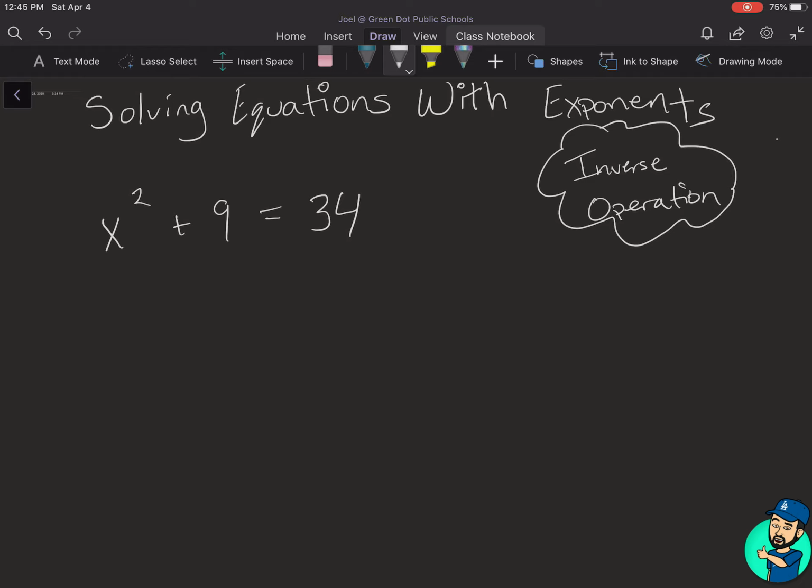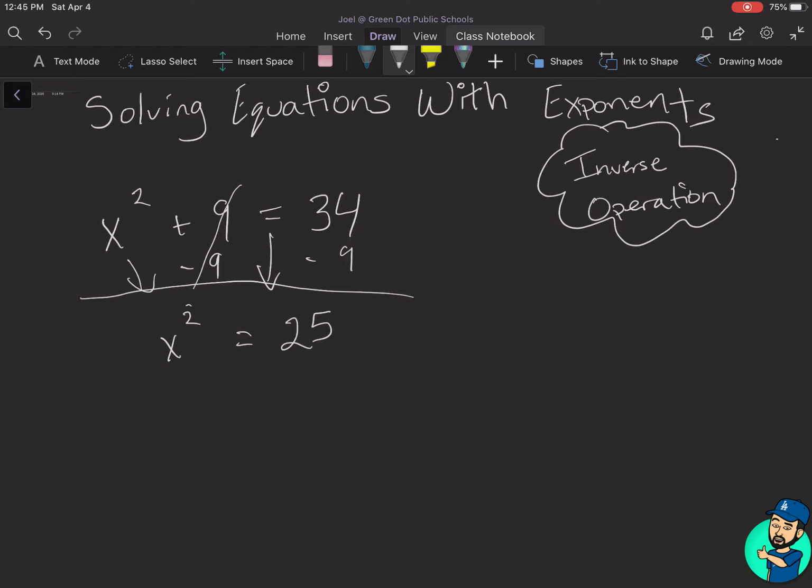So our first step here is to subtract both sides by 9. That way the 9s cancel out. I bring down the x squared. I bring down the equal sign. 34 minus 9 equals 25.